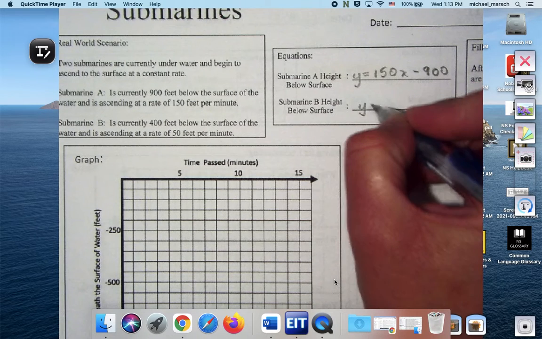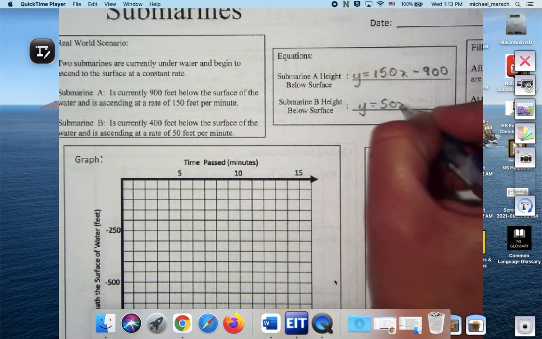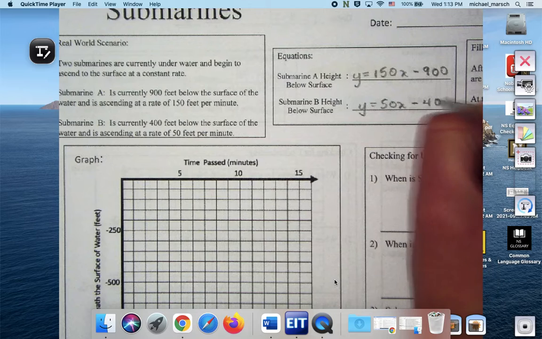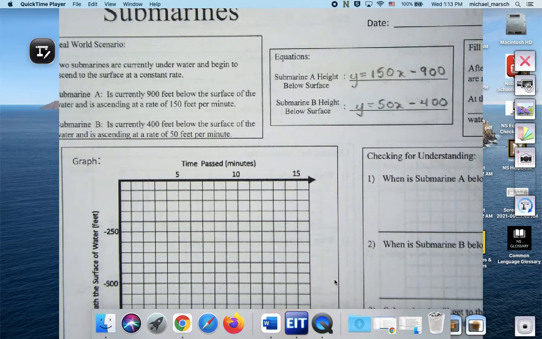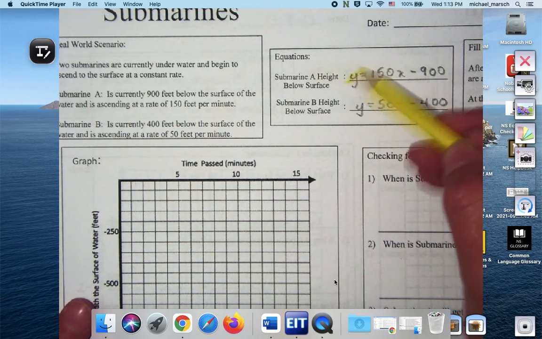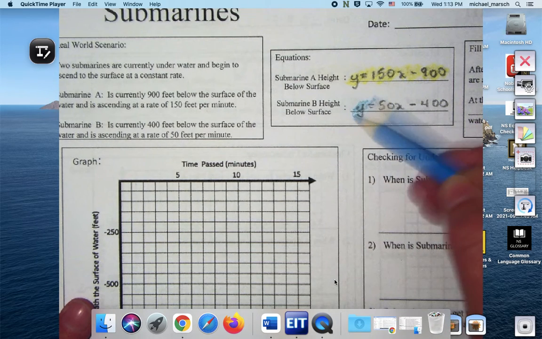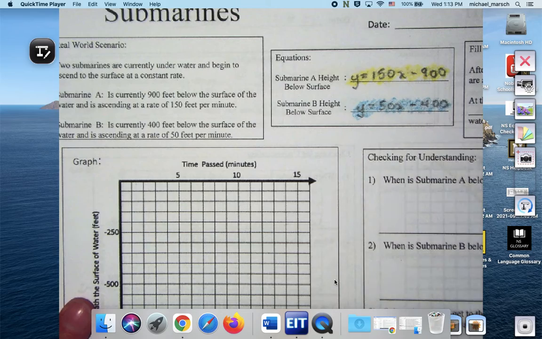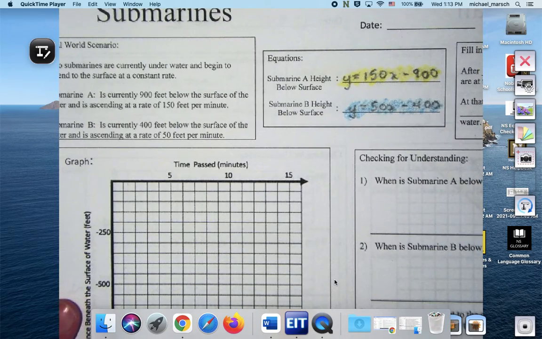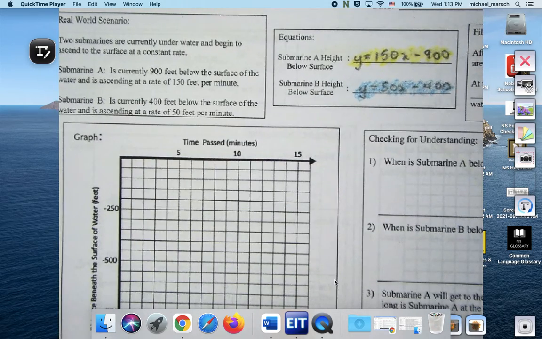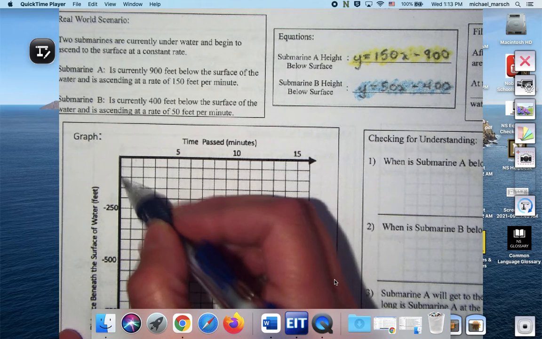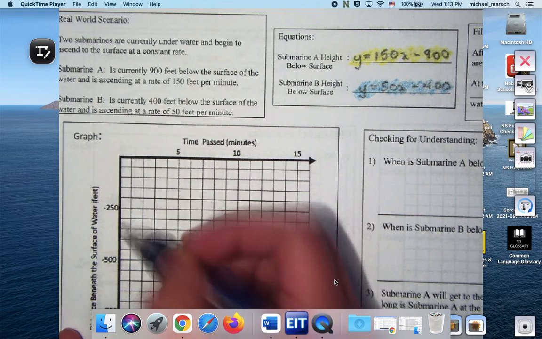Y equals 50x minus 400, right? Because they're below the surface. So I've got my yellow and my blue. I'm going to go ahead and graph these. So these are going in increments of 50.